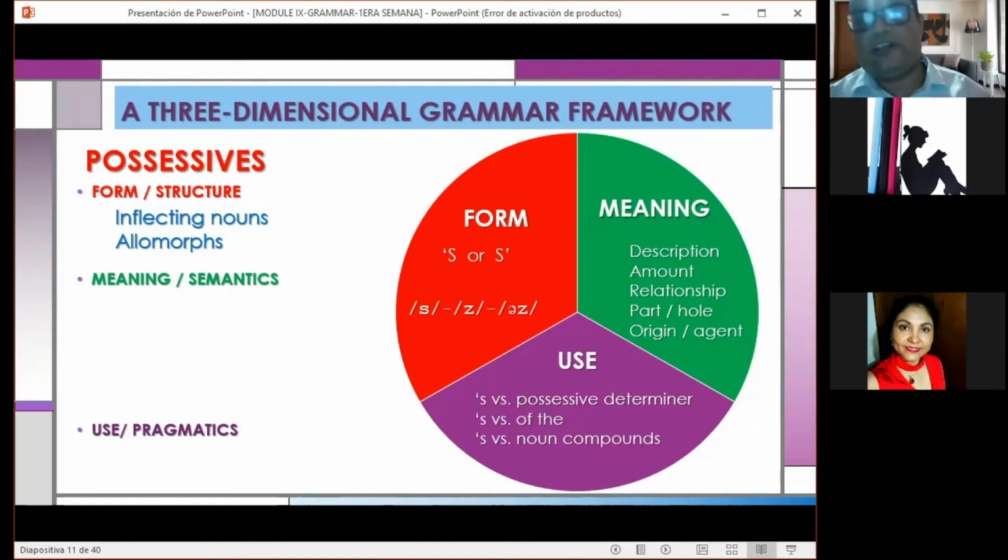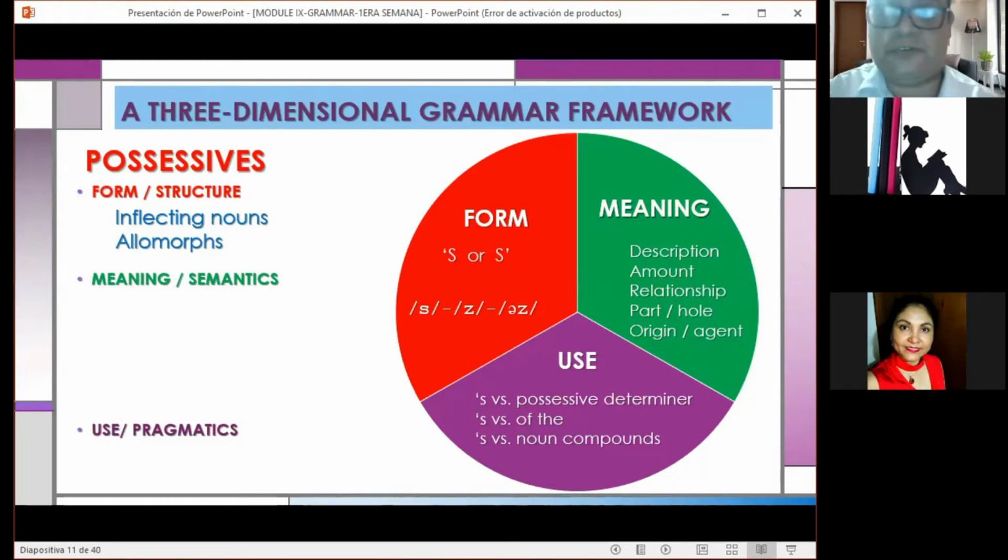Inflection. What is inflection? Inflectional morphemes. Remember about this topic, this term, inflectional morphemes. What are the inflectional morphemes? And here you have inflecting nouns.